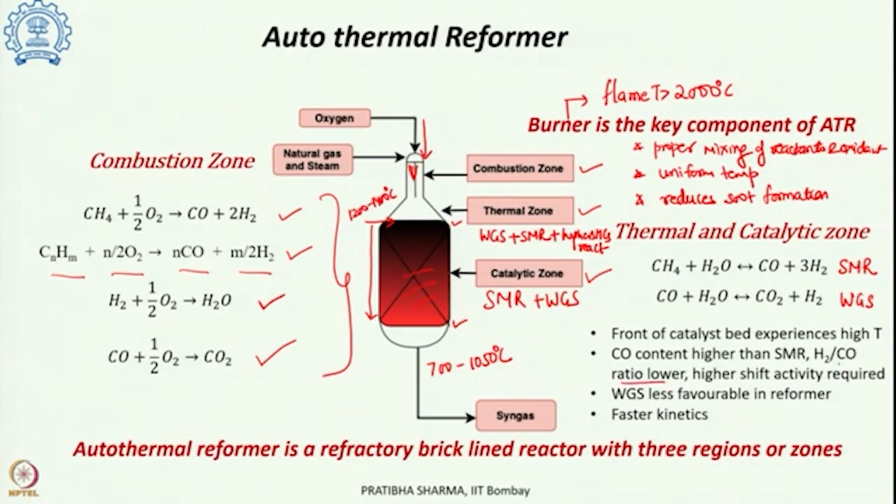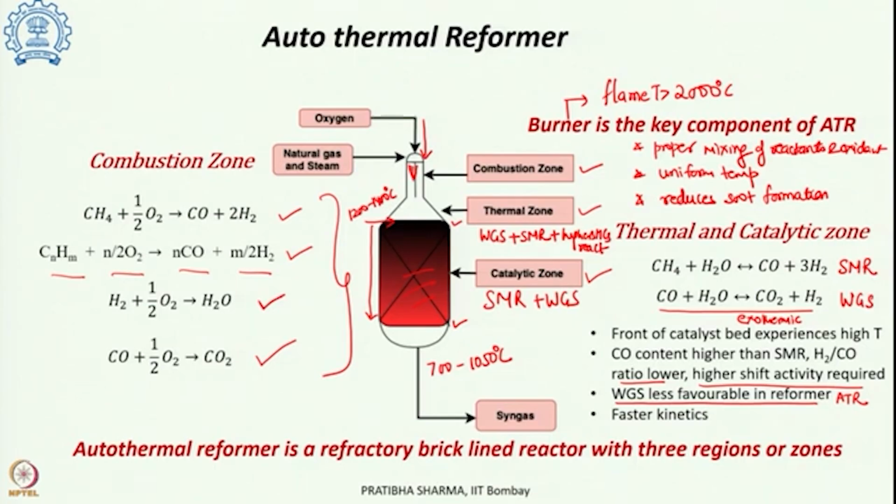If CO content is higher, that means there is a requirement of high water gas shift activity. But we know that water gas shift is an exothermic reaction and is favored at a lower temperature. The temperature inside the autothermal reformer is higher, so the water gas shift reaction is less favorable in the ATR reformer.